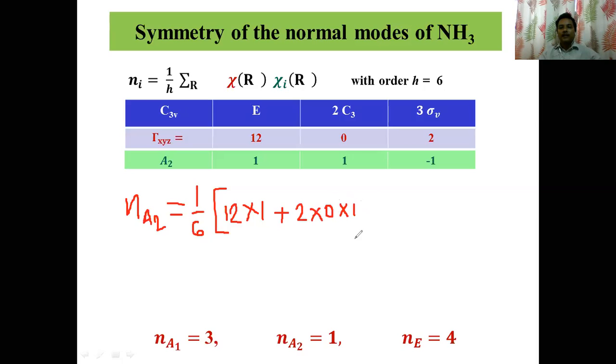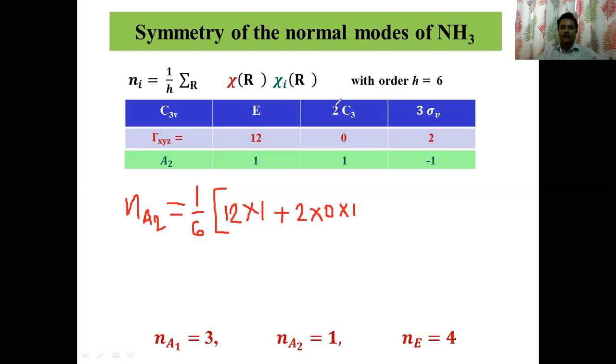Now, instead of summing over all the operations, what we will do is sum over the classes. So this is class 1, class 2, class 3, right? And when we sum over classes, we need to multiply by the degeneracy of the class.